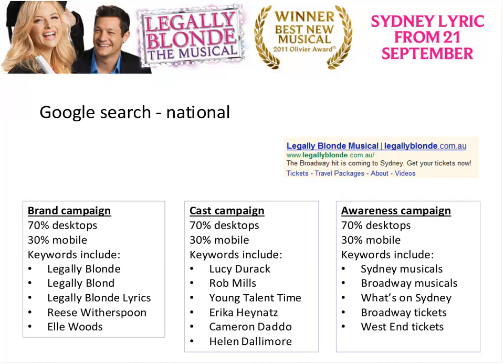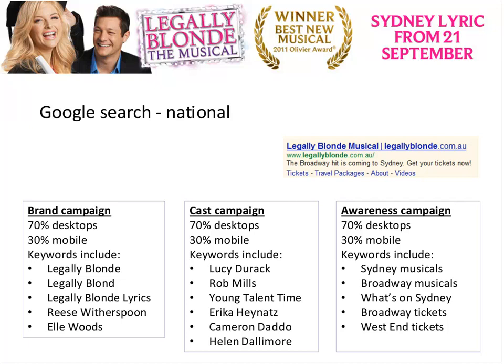And then thirdly, we have an awareness campaign. So search can be used equally well as brand and driving people who are already aware of your product and are searching for your website just to go and purchase or discover more. It can also be used as awareness.